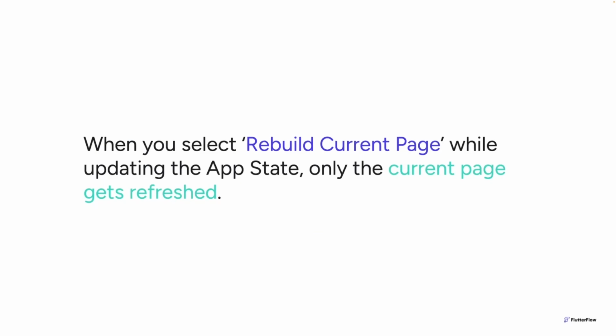Let's get into it. When you select rebuild current page while updating the app state, only the current page gets refreshed and rendered with the new value of the app state. This can be useful when changes only need to affect a single screen.